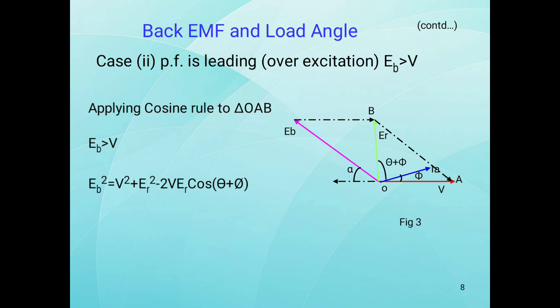Now EB square is equal to V square plus ER square minus 2 V ER cos theta plus phi. So EB is equal to under root of V square plus ER square minus 2 V ER cos theta plus phi.